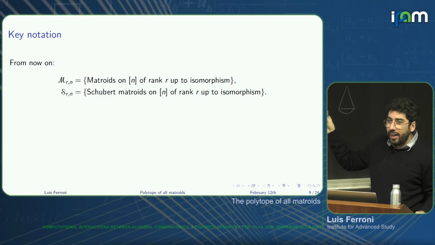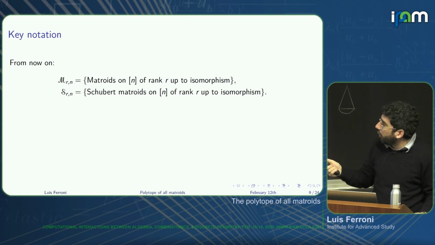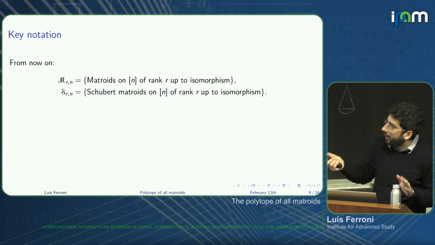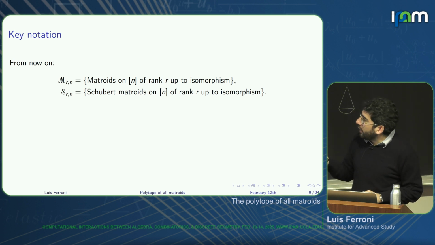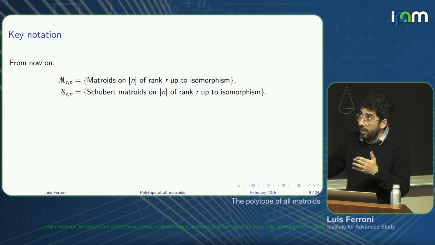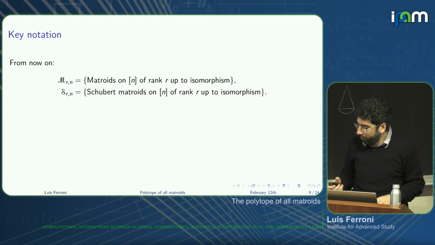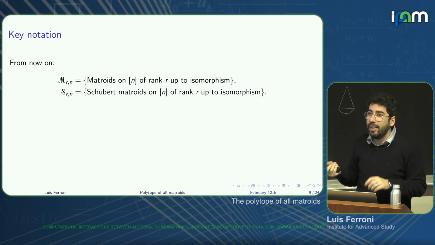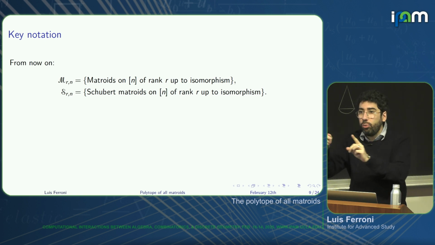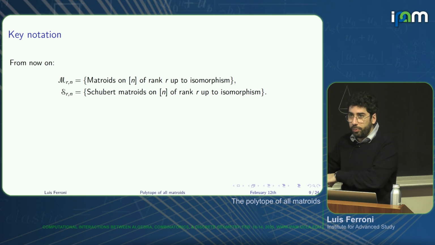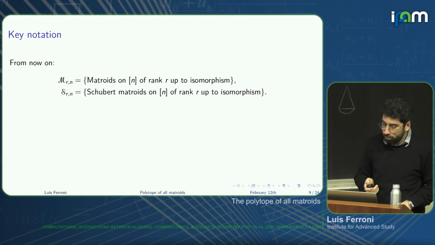M_{r,n} and S_{r,n} without overlines will denote, respectively, the matroids on the ground set of integers from 1 to n of rank r up to isomorphism. So in M_{r,n}, I have all the isomorphism classes, and in S_{r,n}, I have the n choose r isomorphism classes of Schubert matroids.